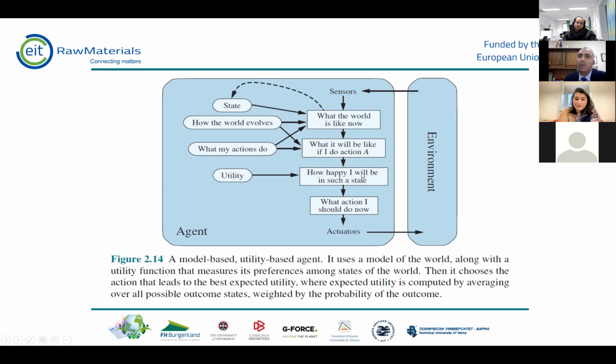Would I be happy? And if I find an action that satisfies this condition that I will be happy, why not implement this action and try it? And then on the next step, the sensors will give me information. Did I succeed to be happy? No. So I continue. And then I continue evaluating these conditions.